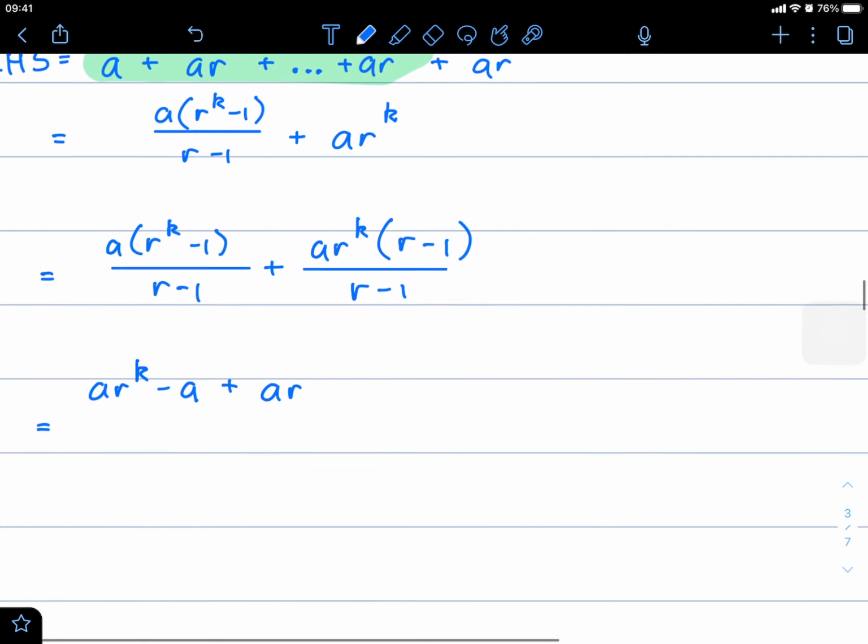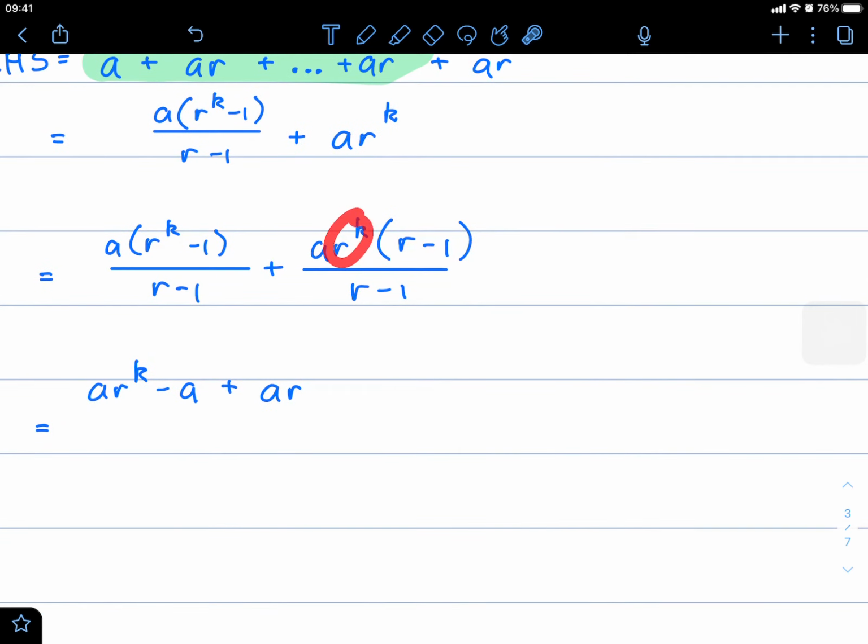Now look very carefully: r to the power of k times r becomes r to the power of k plus 1, minus ar to the power of k. So we expanded this very carefully, multiplying it out, all over the same denominator of r minus 1.